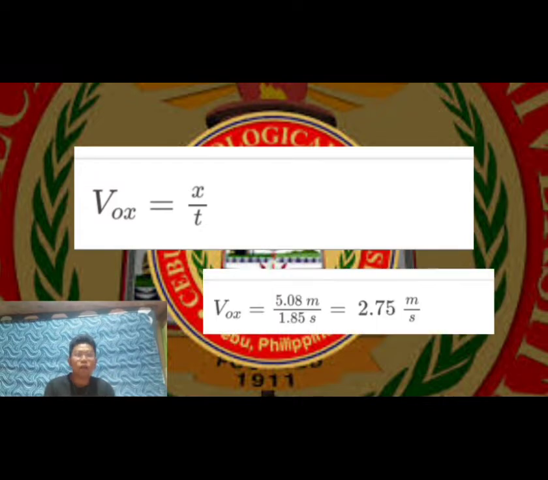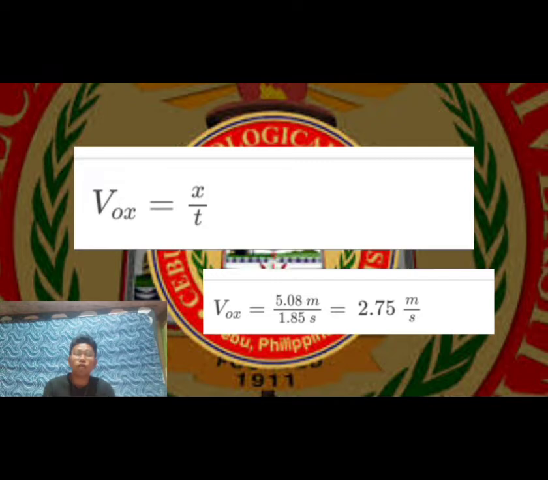So we have initial velocity at x is equal to 5.08 meters over 1.85 seconds. We have the initial velocity at x is equal to 2.75 meter per second. So we have the initial velocity at x.